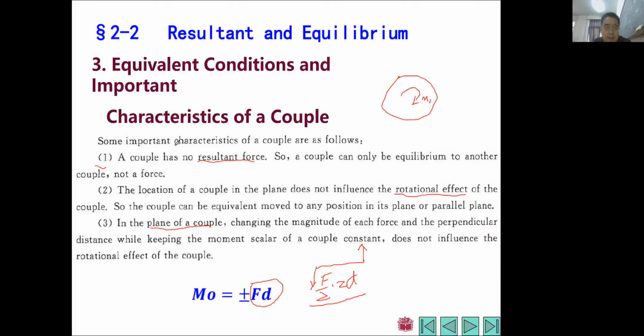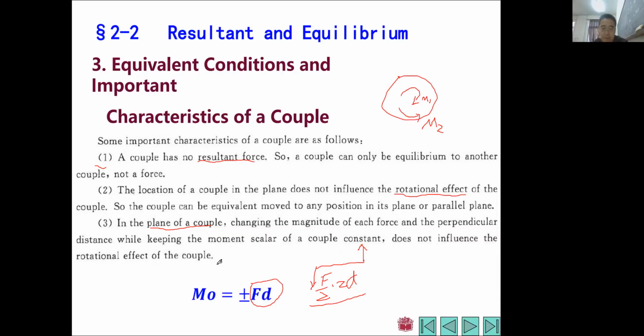So these three characteristics tell us we can only use another couple, maybe F second, with a different direction from M1, to counterbalance its rotation effect on this body, right? This is the first thing we should pay attention to. Another is that in the plane of the couple, changing the magnitude of each force and the perpendicular distance while keeping the moment scalar constant does not influence the rotation effect.